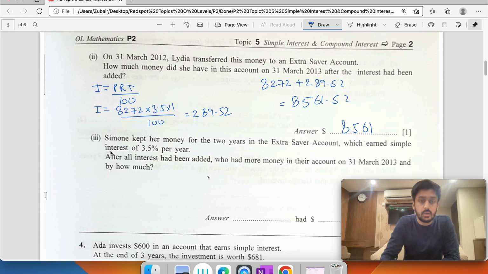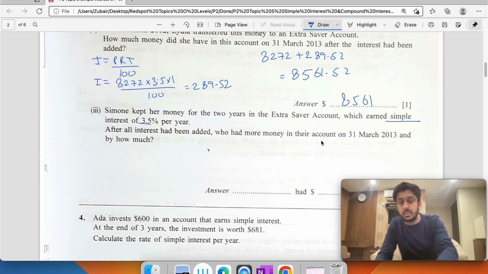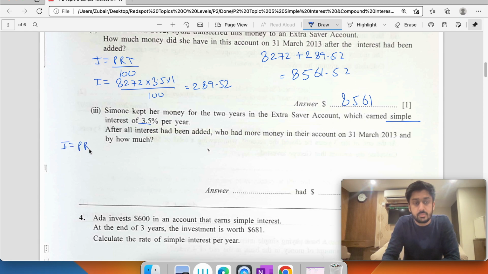Simon kept his money for 2 years in an extra saver account which earned simple interest at 3.5% per year. After all interest had been added, who had more money in their account on 31st March and by how much? So I equals PRT over 100.